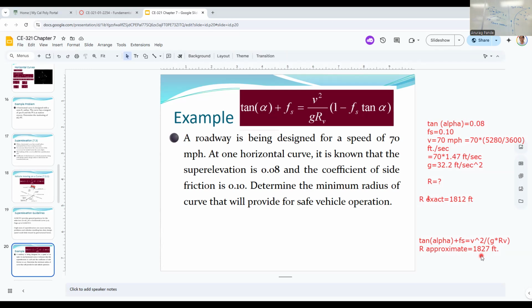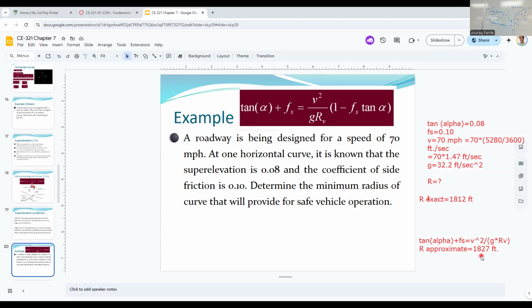When you multiply two small numbers like Fs and tangent alpha, the product becomes even smaller, and you can ignore it with respect to 1.0. Even in this example, the multiplication is 0.1 times 0.08, which is 0.008, a very small number compared to 1.0. That's why it doesn't make a big difference in the calculation.